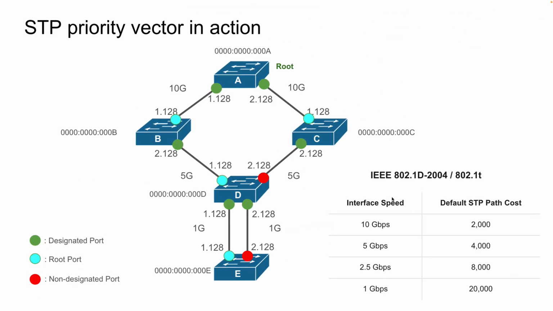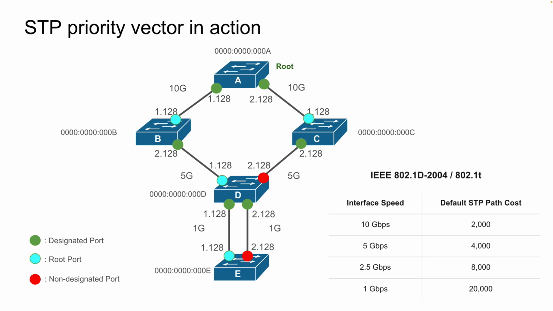Let's recall what the STP priority vector is. Well, the STP priority vector is an ordered set of 4 values, starting with root ID, then root path cost, bridge ID, and port ID, where bridge ID and port ID pertain to the neighboring switch that has sent the configuration BPDU.